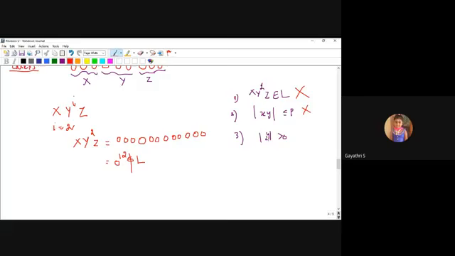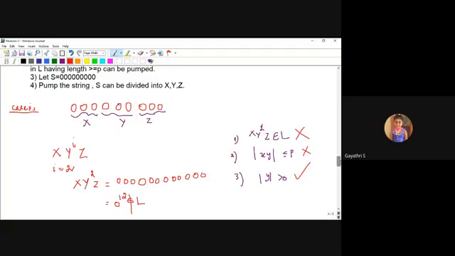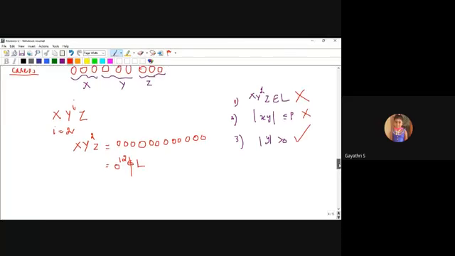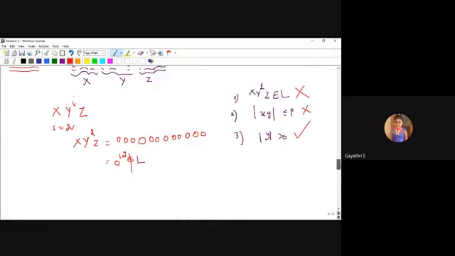Length of Y greater than 0: yes. So only 2 conditions are satisfied. So you will choose two more cases. In the second case, you will choose the first 2 as X, the next 4 as Y, and the last 3 as Z. In case number 3, you will choose the first 4 zeros as X, the 5th and 6th for Y, and the remaining part as Z. But I have covered only 1 case. So this problem is almost over.